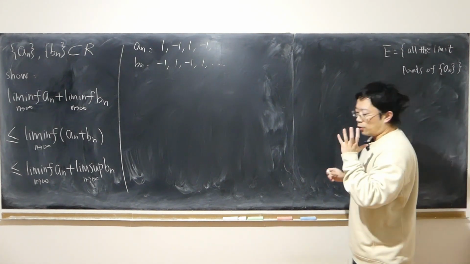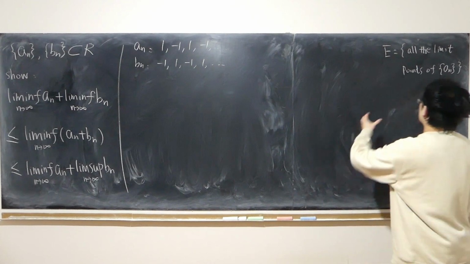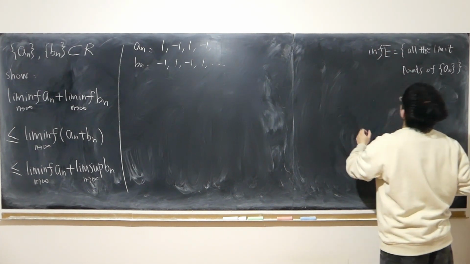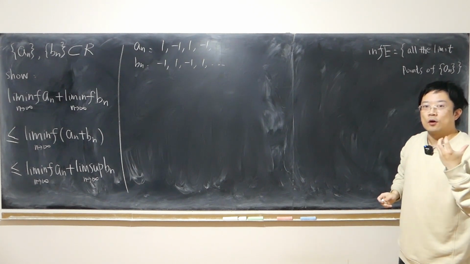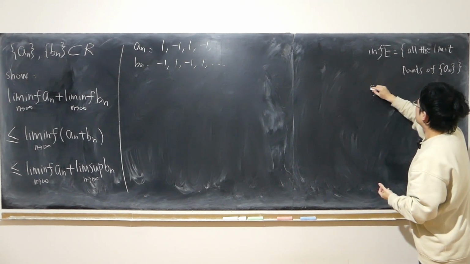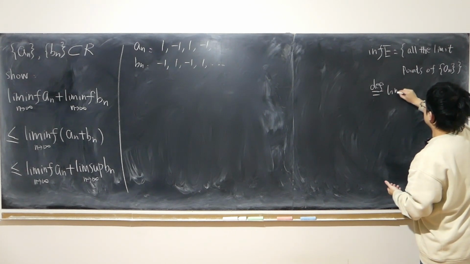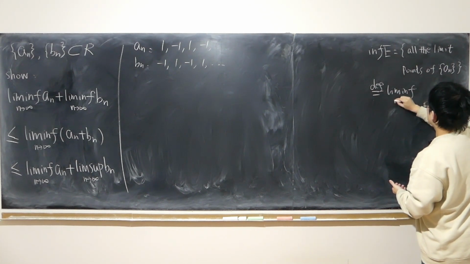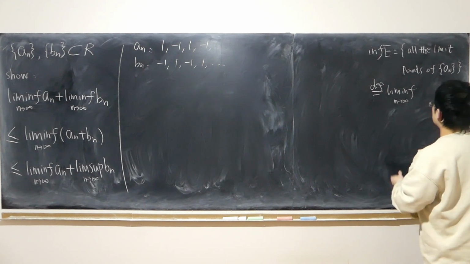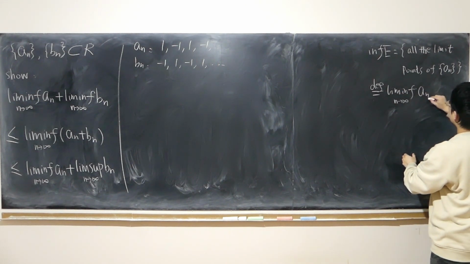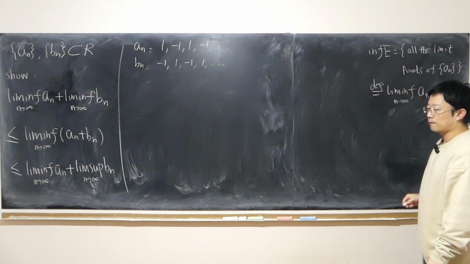So according to the original definition, we take the infimum of this set and we call it, by definition, the liminf as n approaches infinity. So liminf of a_n.